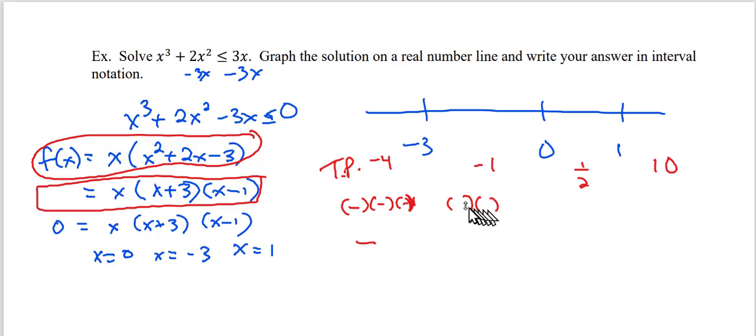Negative 1 plugged in gives me a negative, a positive, negative 1 minus 1 is negative, so I get a positive there. Positive 1/2 gives me a positive, and a negative.